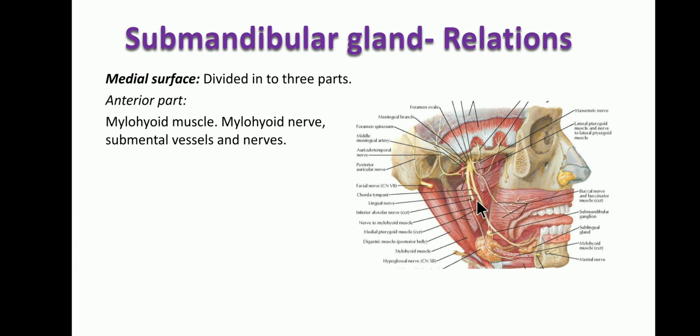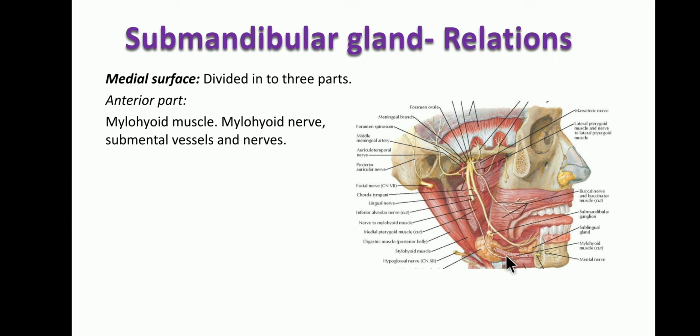Before the nerve enters the mandibular foramen, it gives a branch which is called the mylohyoid nerve. So that is actually related to the medial surface of the superficial part of the gland. So between the mylohyoid muscle and the gland, you see the mylohyoid vessels and nerves.